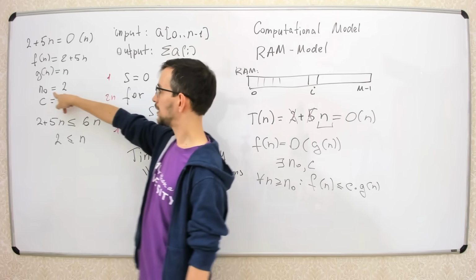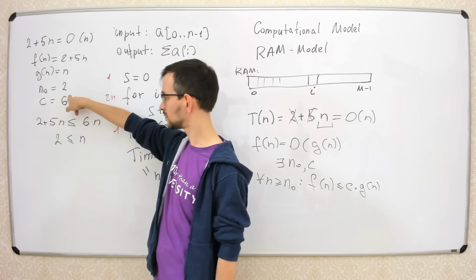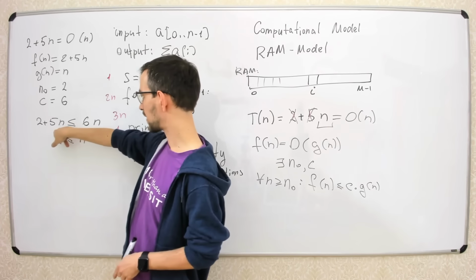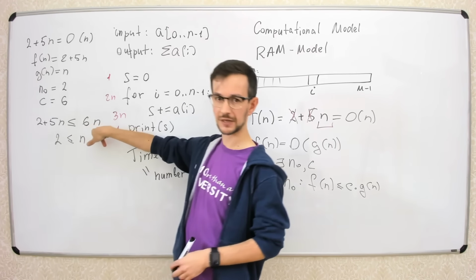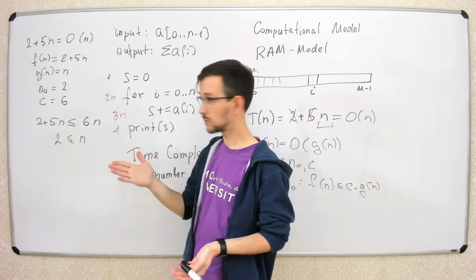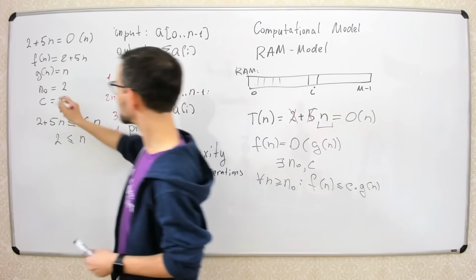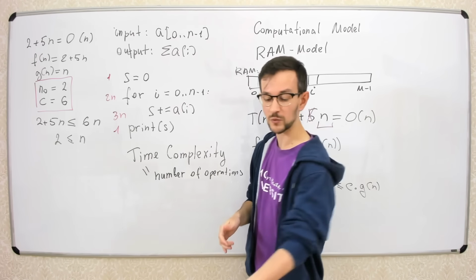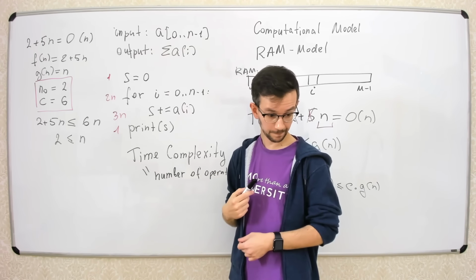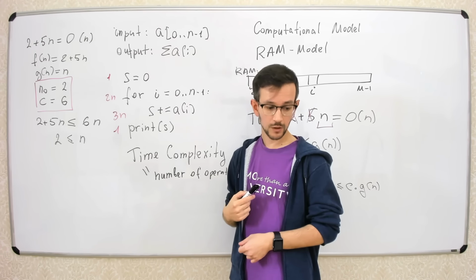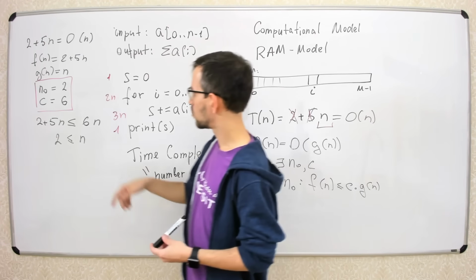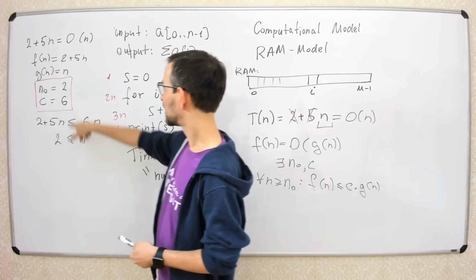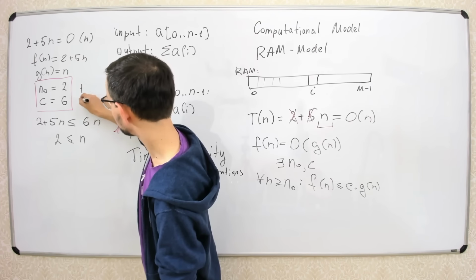If n is greater or equal than 2, then 2 plus 5n is less or equal than 6n. So if you take these two constants, you have the correct proof. Or you can take 1 and 7, that also works.